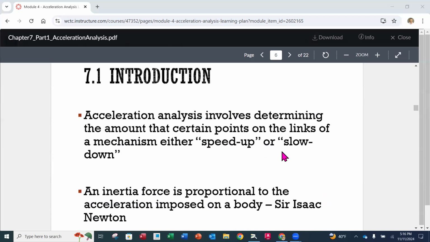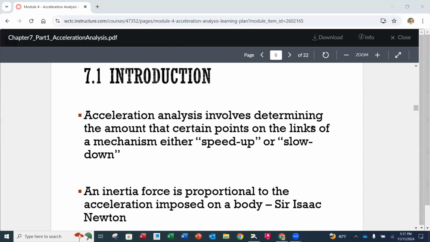So in the introduction here, in chapter 7, acceleration analysis is going to involve determining the amount that a certain point on a link or a mechanism either speeds up or slows down. Most of you are either in physics right now or have taken it previous to this. It's part of the sequence of things, so I am certain that you have had discussions and looks at acceleration.